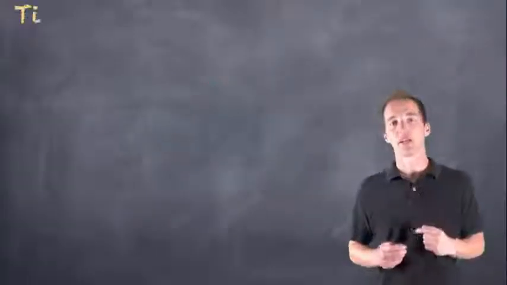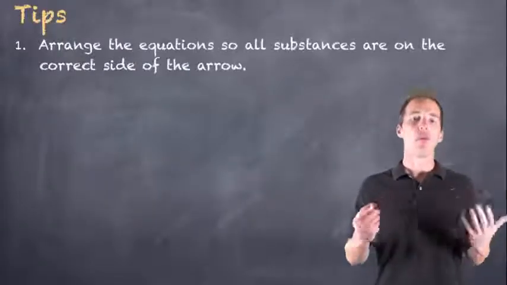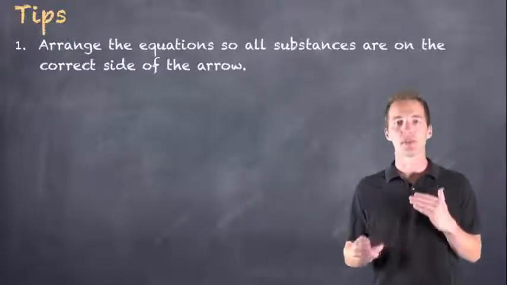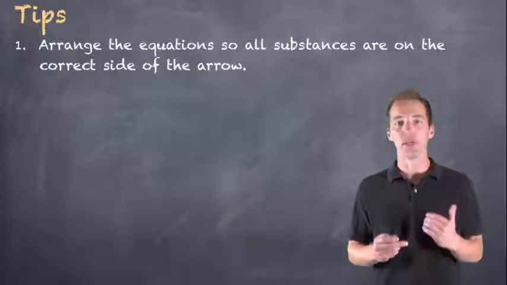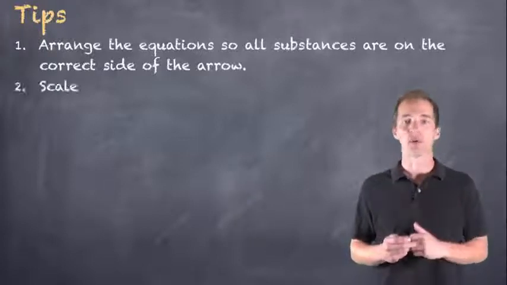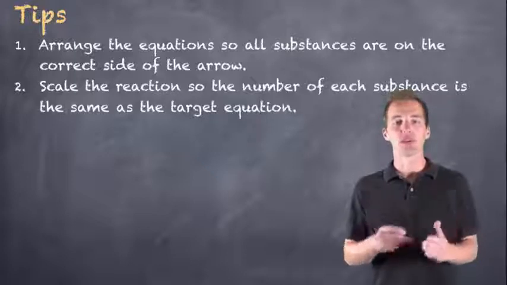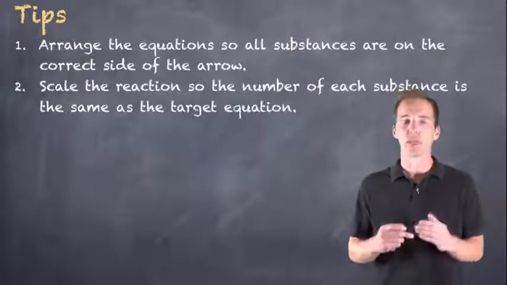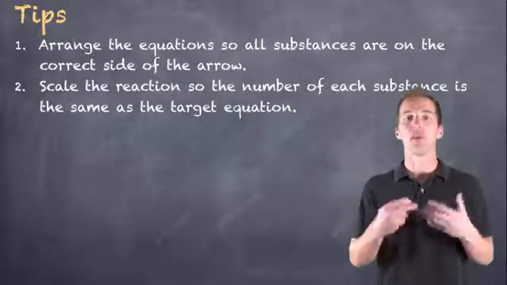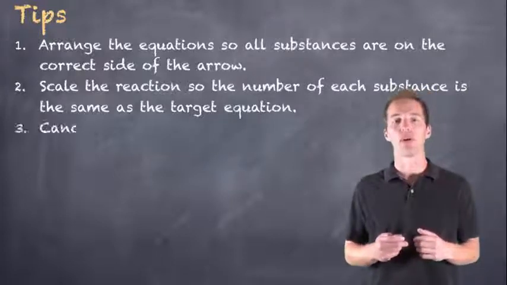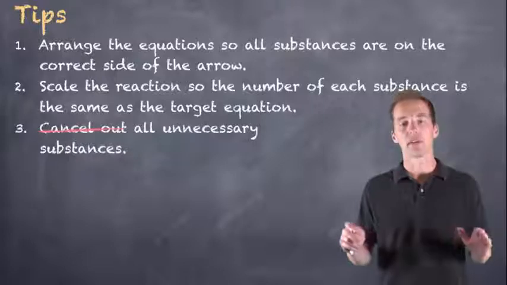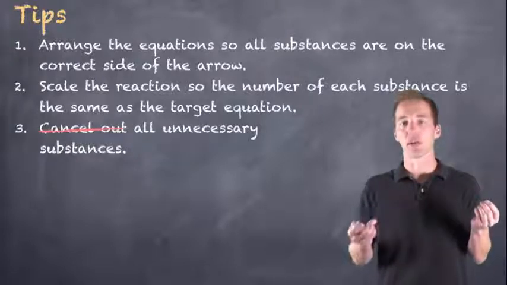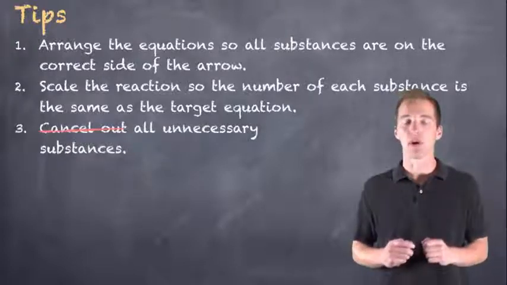So let's take a look at some tips for using Hess's law. Always arrange the equations so that all substances are on the correct side of the arrow. And we did that for that first equation in our previous example. Scale the reaction so that the number of each substance is the same as the target equation. So if we're looking for 4 carbons, we had to scale or multiply that entire equation by 4. We're going to cancel out all unnecessary substances that are represented on both sides of the arrow once we add up our equations.